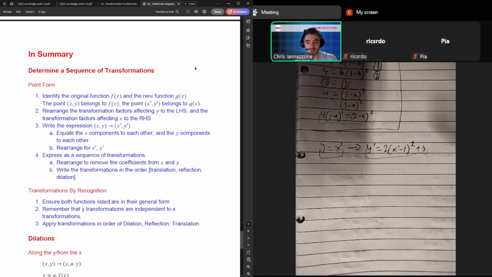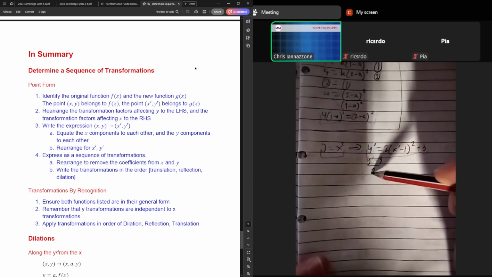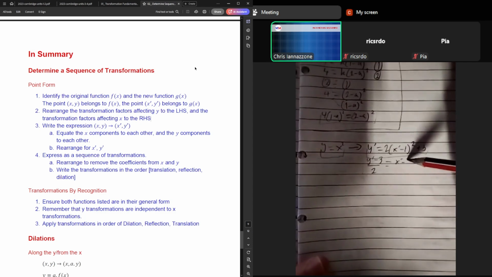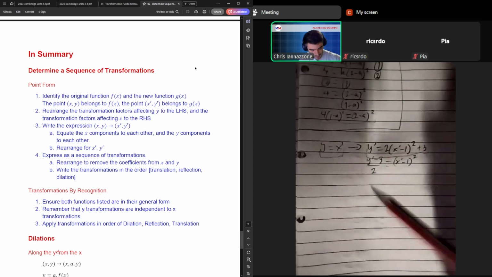And if you don't want to type out the whole thing, you can just say what operations you would do. Move the 3, divide by 2. Yes, precisely. Y dash minus 3, divide by 2, x dash minus 1, all squared. Perfect. Cool. So that's that stage.